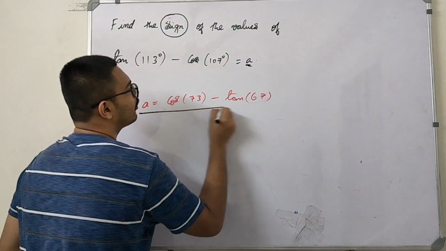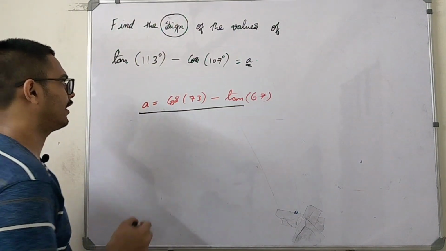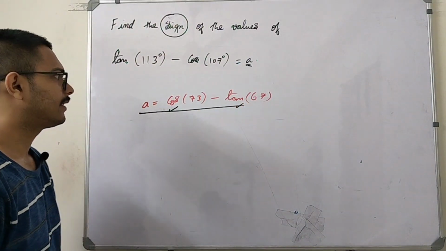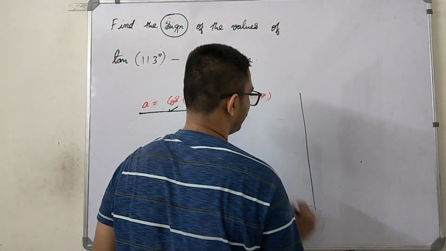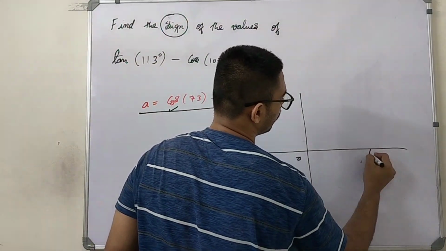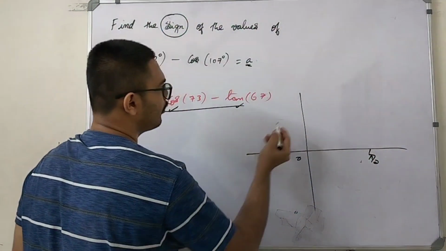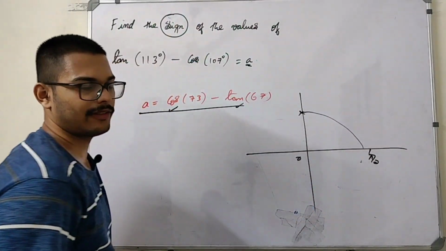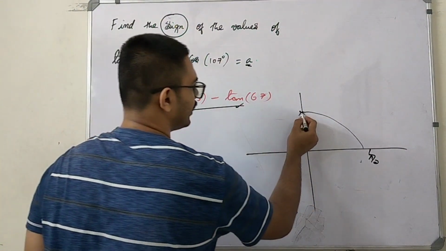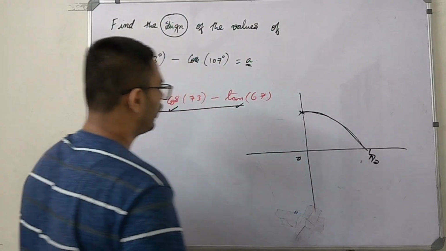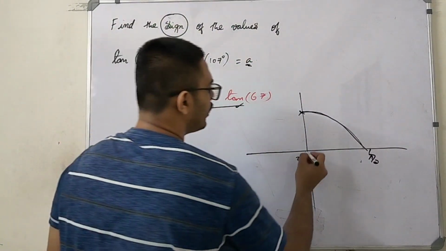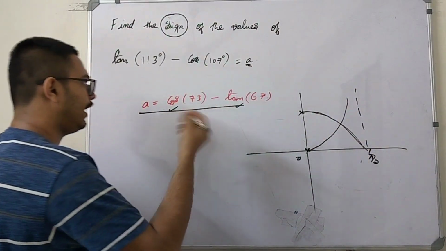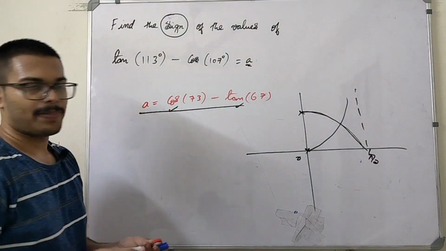So we are drawing the graph of cos theta and tan theta, only from 0 to pi by 2. In 0 to pi by 2, the value of cos theta decreases from 1 to 0, and the value of tan theta will be increasing from 0 to infinity. You can draw the graph. And I am considering a point pi by 4.